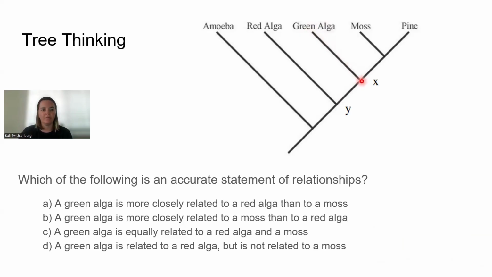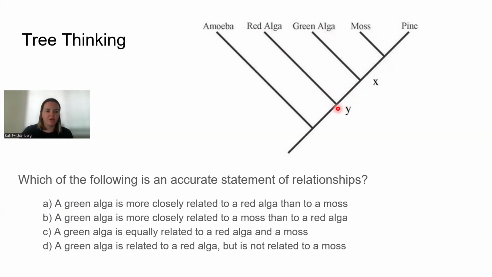This is the last recent common ancestor for green alga, and it is shared with this clade, including moss and pine, right here at X. Now, the last common ancestor for green alga and red alga is down here at Y. So this first statement, green alga is more closely related to red alga than it is to moss, would be incorrect, because green alga and moss share a more recent common ancestor than green alga and red alga.